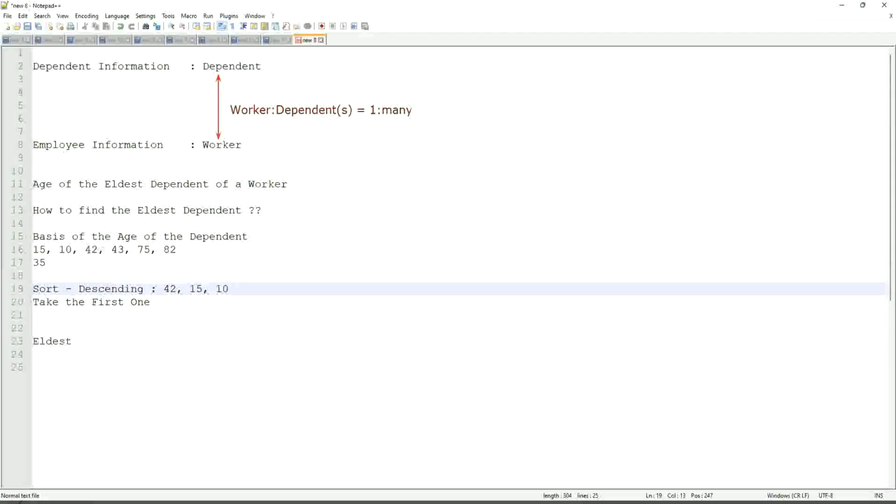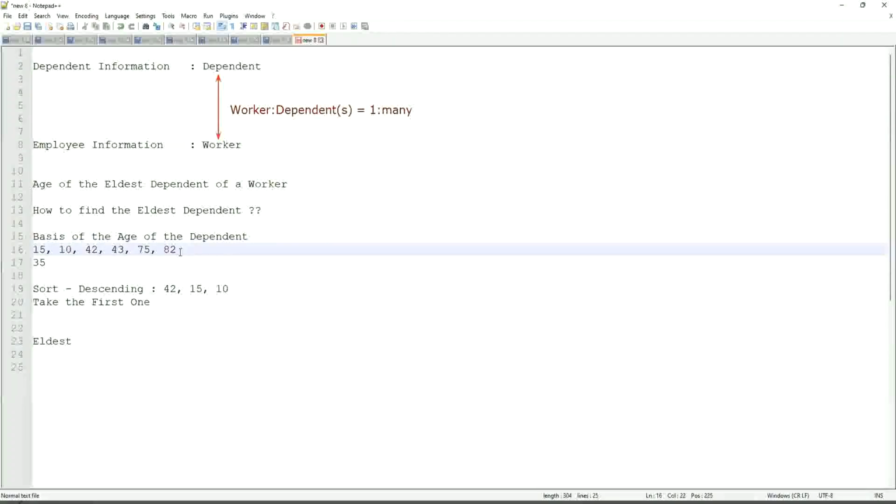Only one problem: if there are multiple dependents with the same age. If there are only children as dependents and there is a twin of the same age, at that point it becomes difficult, but other than that it is more or less foolproof.